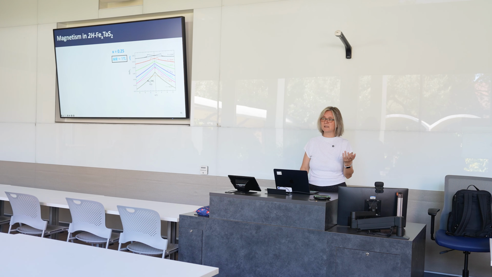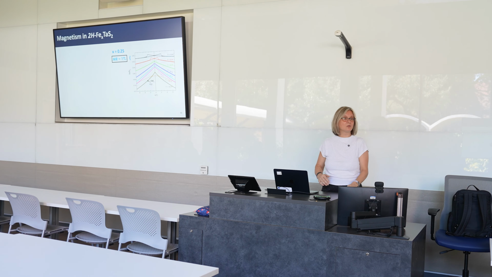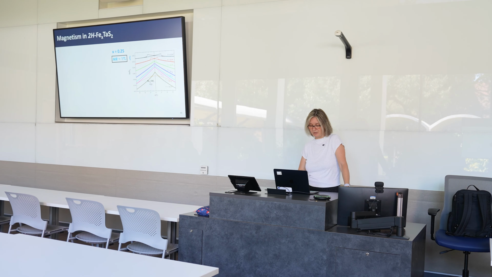What I didn't tell you is that the ordering temperature in this compound is 160 Kelvin. So even at very large temperatures, compared to the ordering temperature, the resistivity retains this bow tie shape and the very sharp jump.